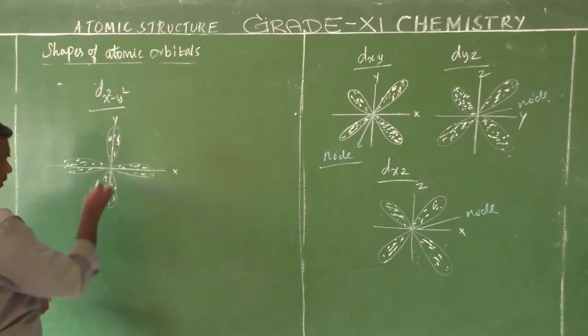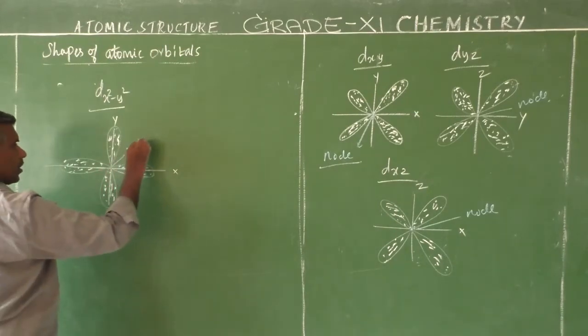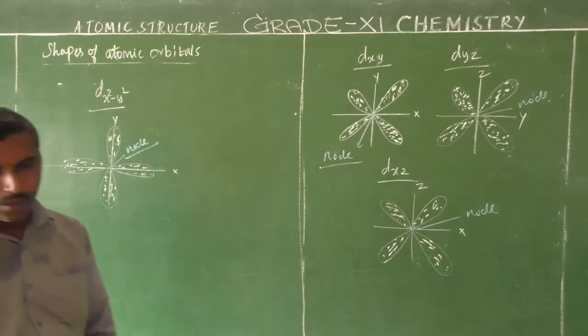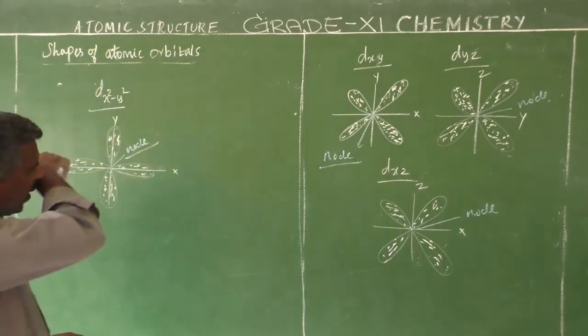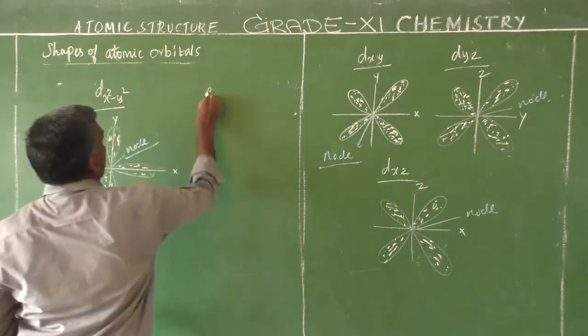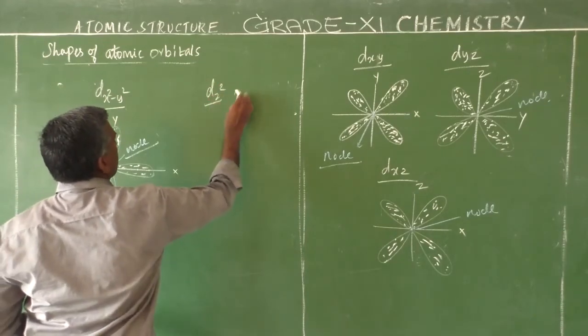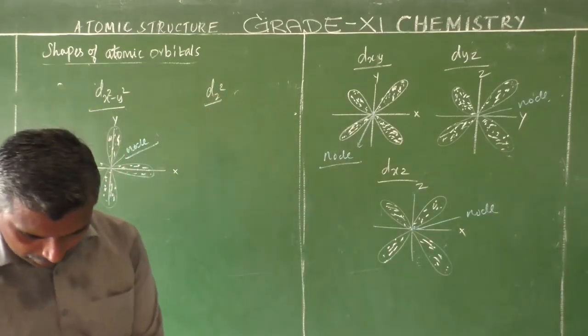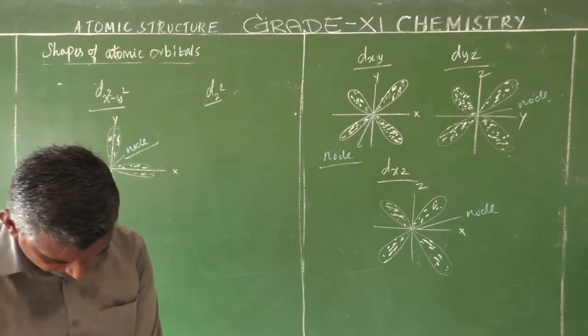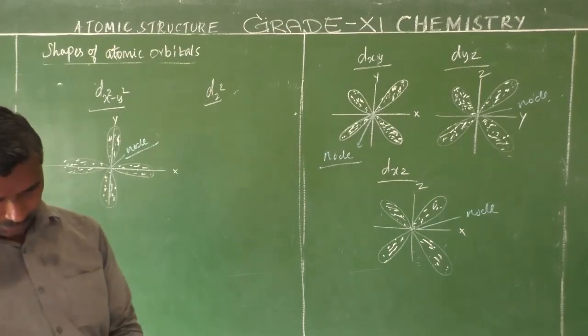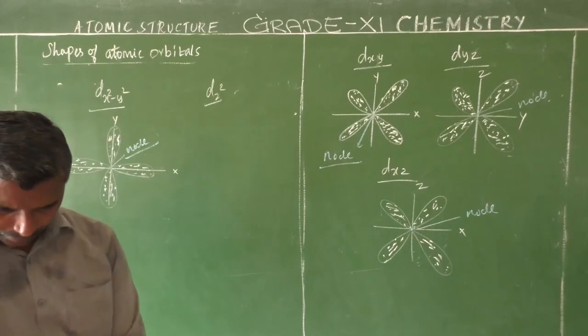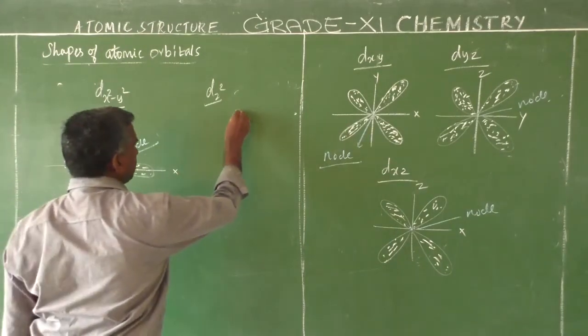Okay, this is a node. This is a node. This is a node. This is a node. Now, dz square orbital is what? Dumbbell shape, or donut shape. Okay, this shape.